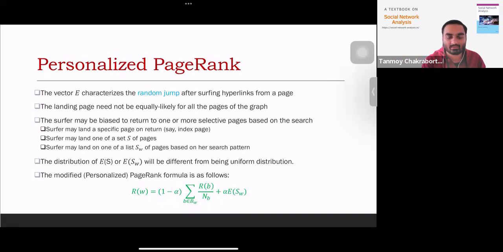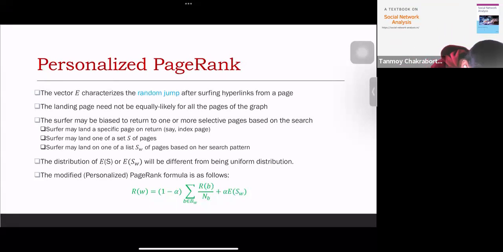Now what I'm saying is that I would not let the random walker jump to any of the nodes. I would only allow the random walker to jump to a fixed set of nodes which I want to fix beforehand. Okay. So only for those nodes, the probability would be uniform. For other nodes, the probability is 0. You can also do that.